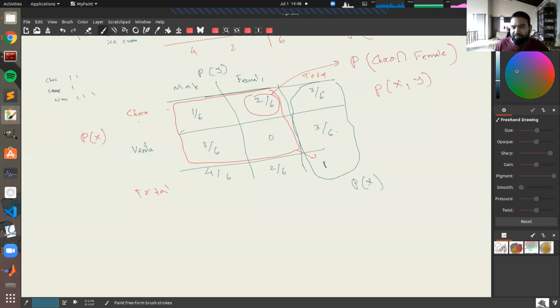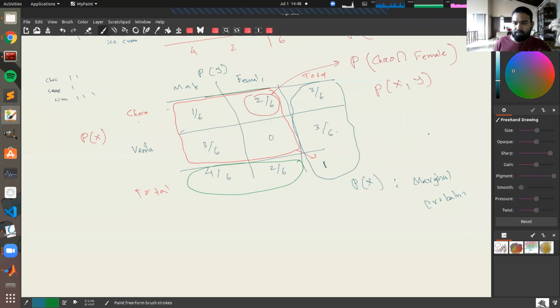If I give a population, this will tell you the probability among us: some of us will like chocolate and some of us will like vanilla. This is what we call a marginal probability. This middle red square is the joint probability, and this side is called the marginal probability. You can see here the marginal probability is the sum of each of these rows, and this is also another marginal probability, this one over here.